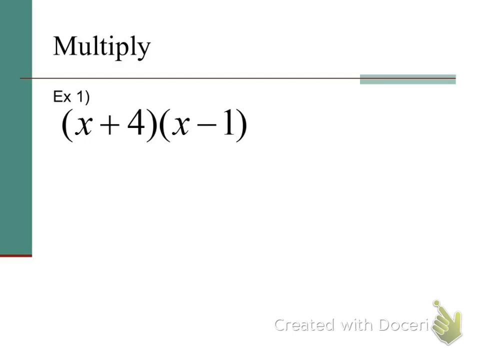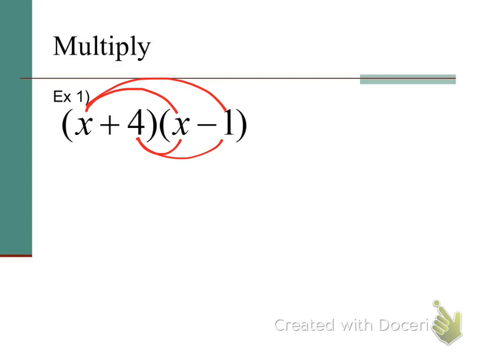What that means is I am first going to distribute the x into the second set of parentheses. After I'm done distributing the x, what do you think I would have to do after that? Distribute the 4. So I'm going to distribute both the x and the 4 to the second set of parentheses.